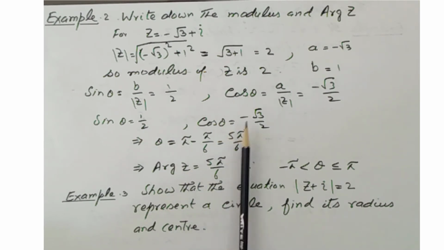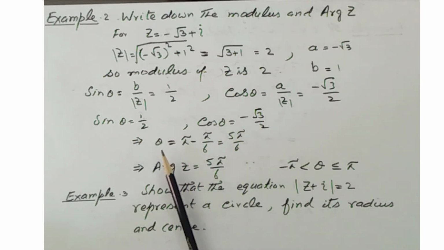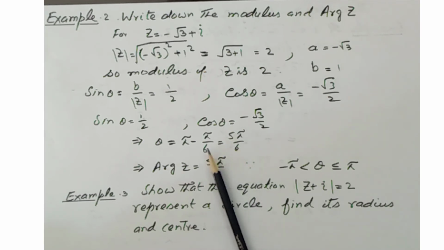The value of theta that satisfies these two relations is theta equals pi minus pi by 6, that is 5 pi by 6. So argument of z equals 5 pi by 6, it satisfies this relation because this is less than pi. So this becomes the argument of z.